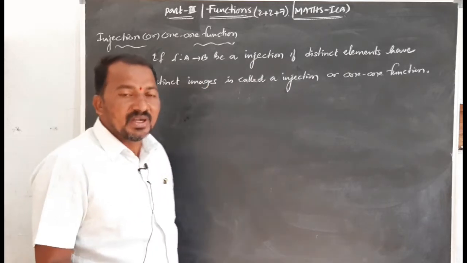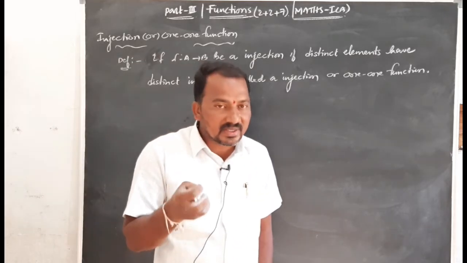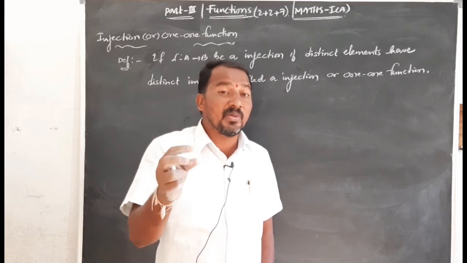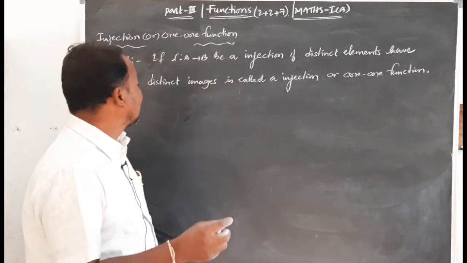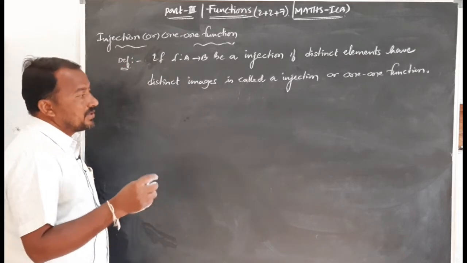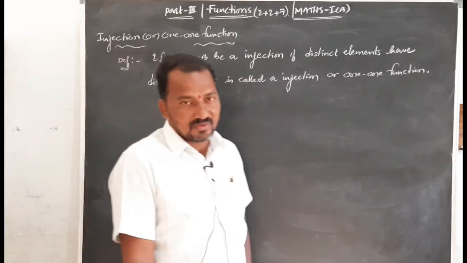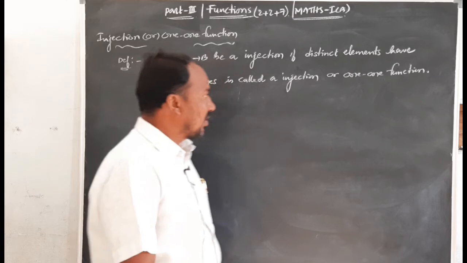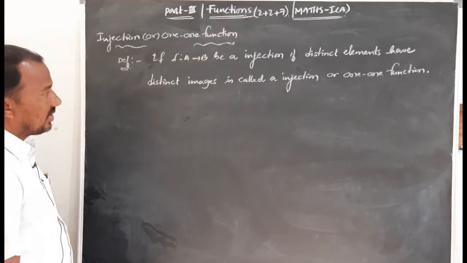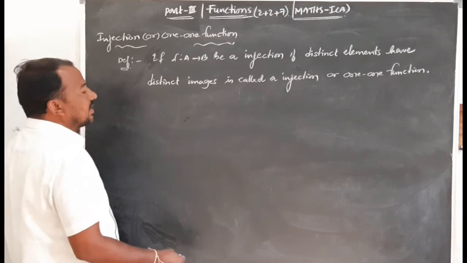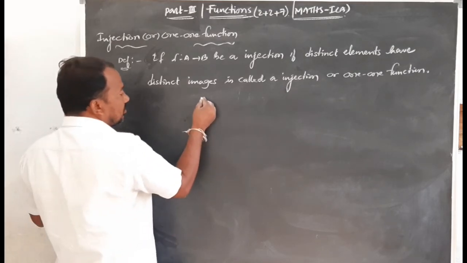That means different elements have different images, and it is called an injection or one-one function. Okay, give an example.